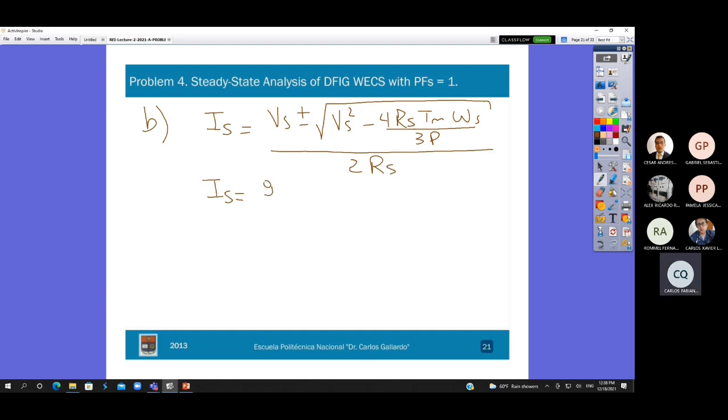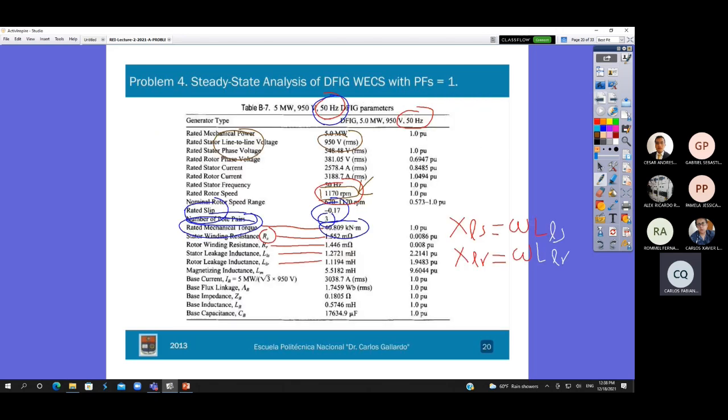So I will have 950 over the square root of 3, plus minus the square root of 950 over the square root of 3 squared minus 4 times the stator resistance. The stator resistance for this problem is this value, 1.552 milliohms.